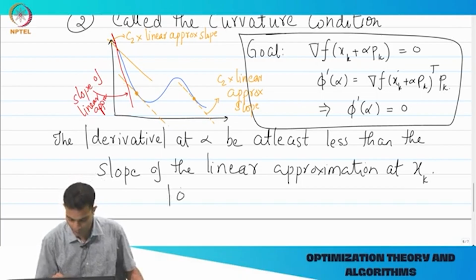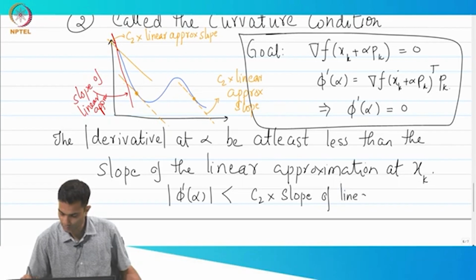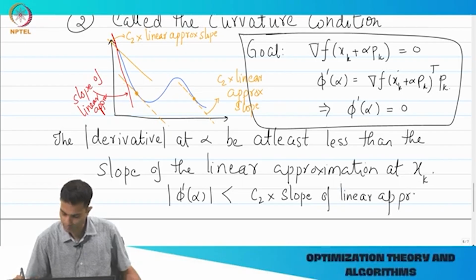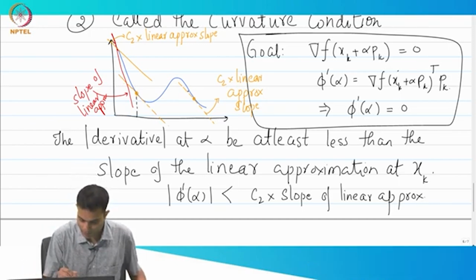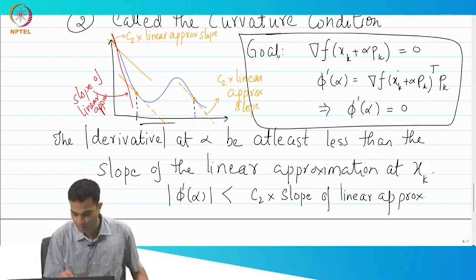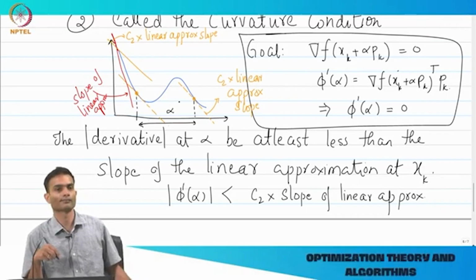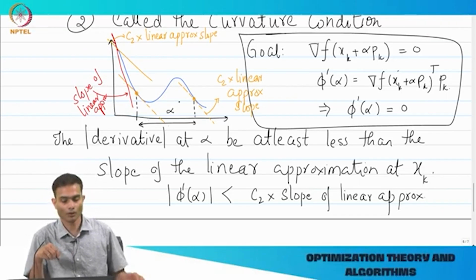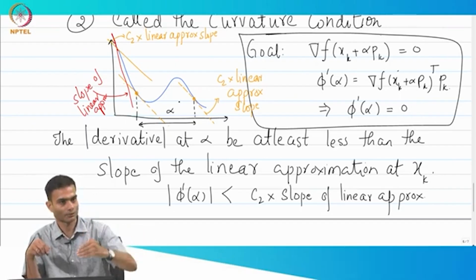Okay. So what did we say over here? Phi dash alpha is less than C2 into slope of linear approximation. Okay. So what this is telling us is that between these two ranges, this is the allowed alpha, because at these points over here the slope is actually reducing, right?